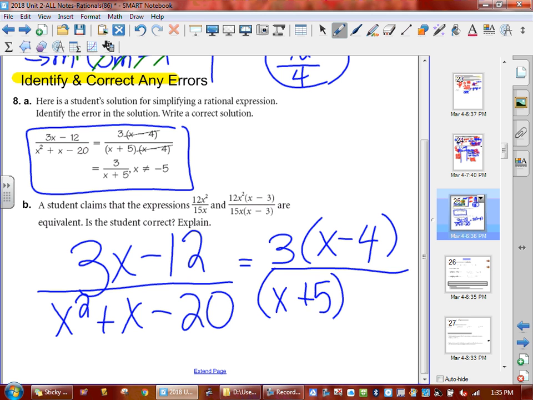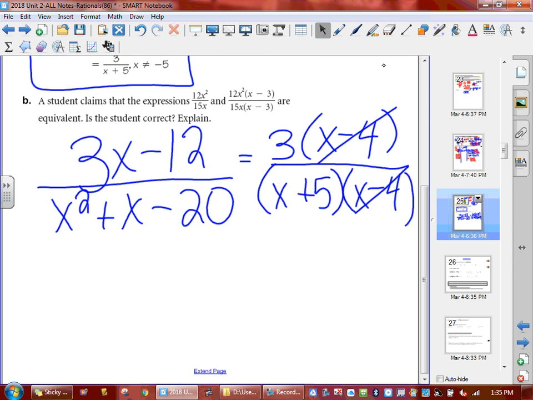So first of all, did they GCF the top right? Did they take the 3 out correctly? Yep, they divided this guy by 3 and this guy by 3. The top's correct. The bottom, if I diamond at negative 20, I'm going to get positive 4, negative 5. So I have positive 4, negative 5. My bad.